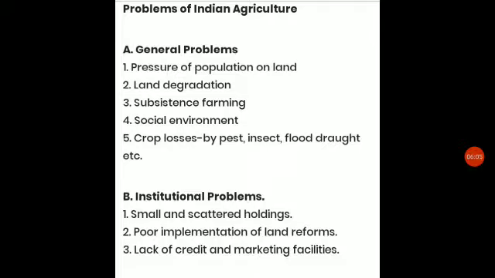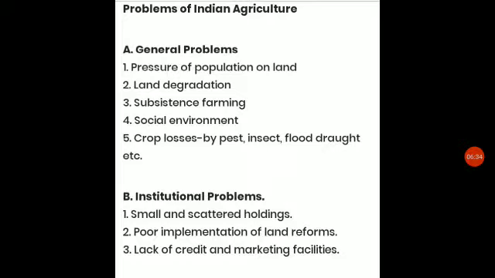The next set of problems pertains to the institution of agriculture, or the institutional problems. These problems basically refer to the problems that are caused in the agricultural land when it is passed on from one generation to another, and these problems exist over years and years.